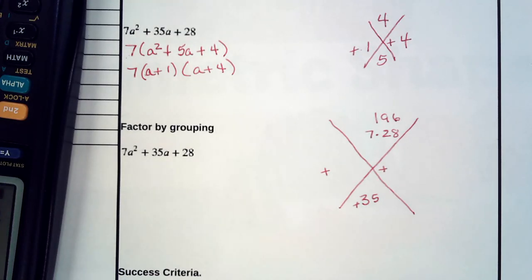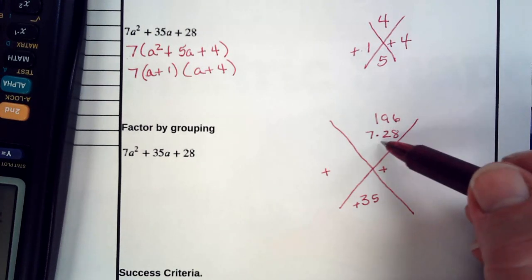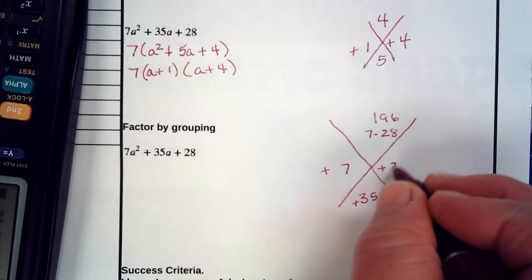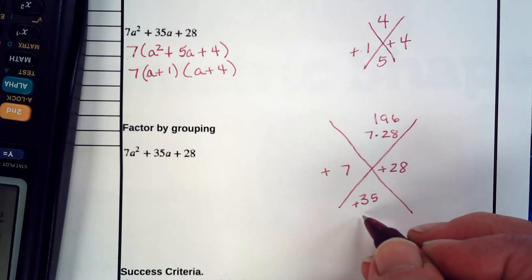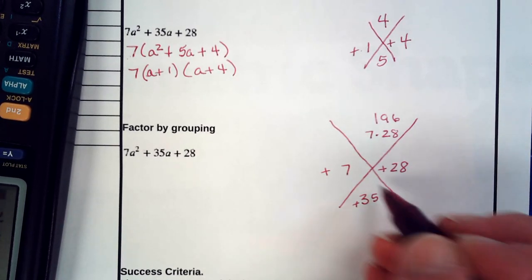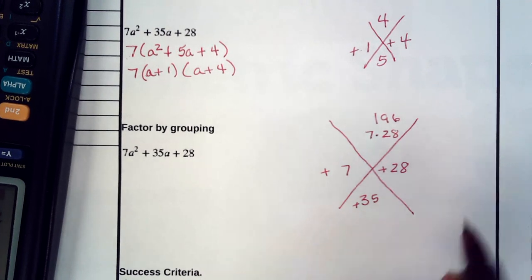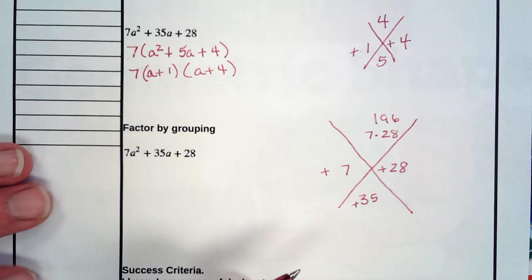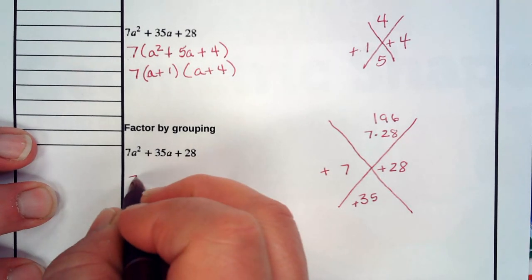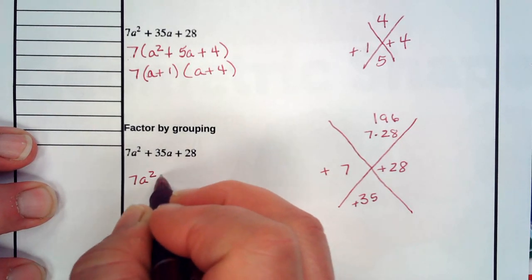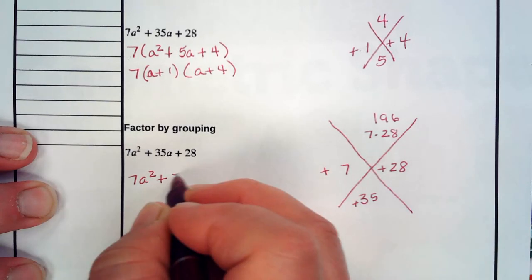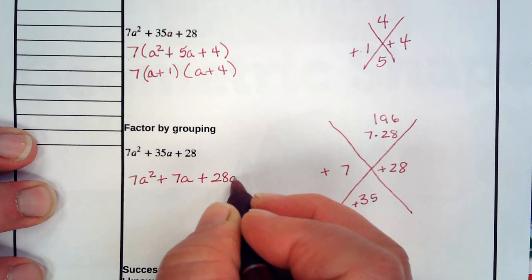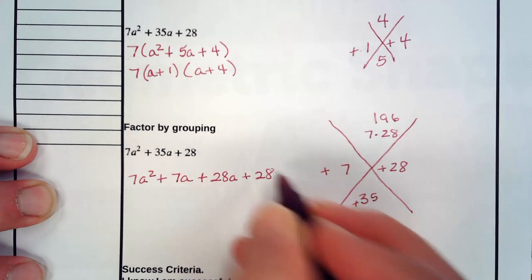So actually the ones we used to get here are the ones we need to use here. 7 times 28 is 196. 7 plus 28 is 35. So I'm going to use 7a squared plus 7a plus 28a plus 28.